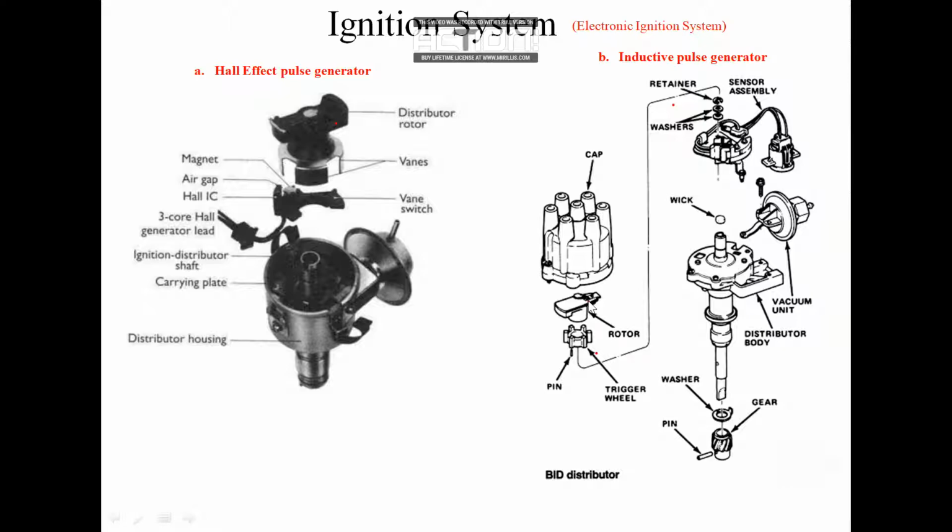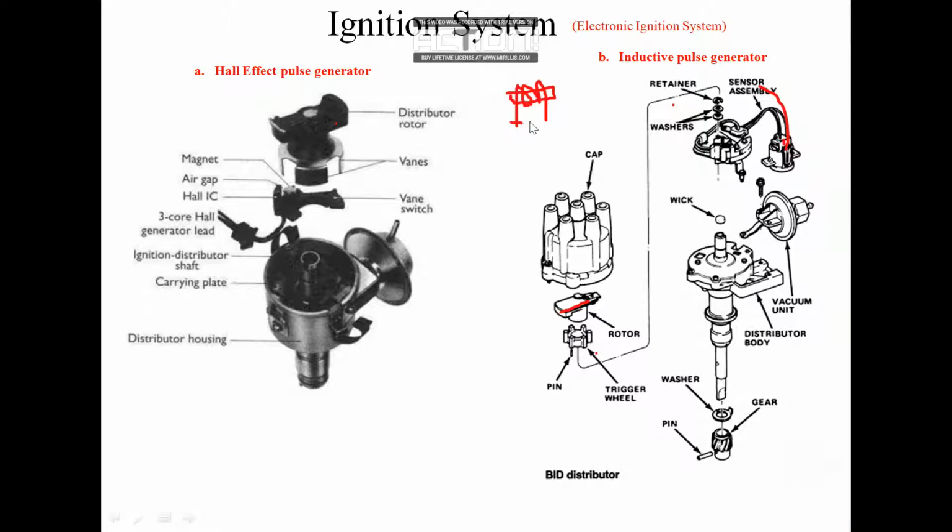This is your rotor cap, and this edge is the needle. Whenever this reluctor or peak comes in front of your sensor assembly, this is your sensor assembly. Inside the sensor assembly, there is a soft iron core, and around the soft iron core the winding is there.